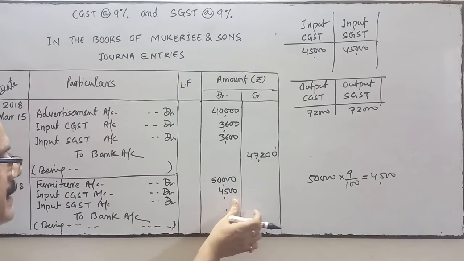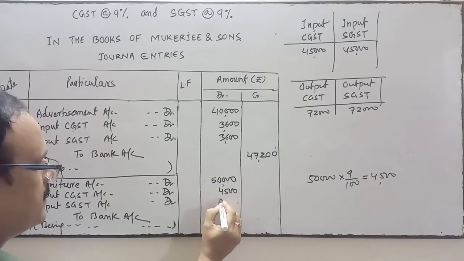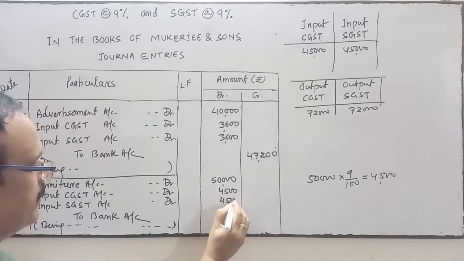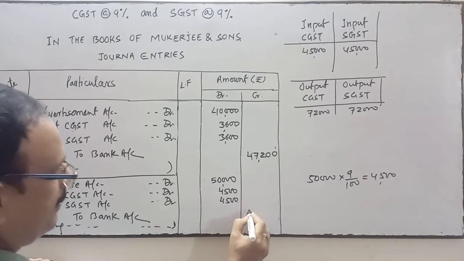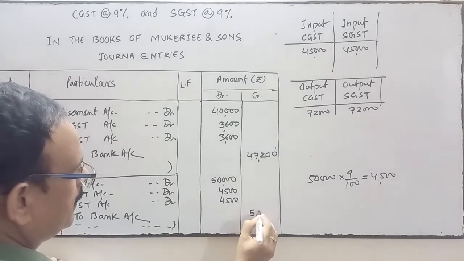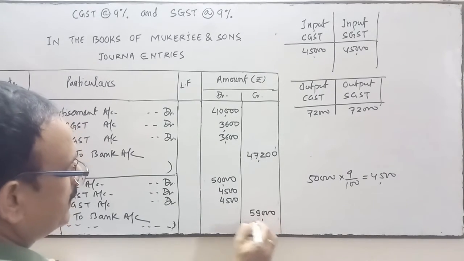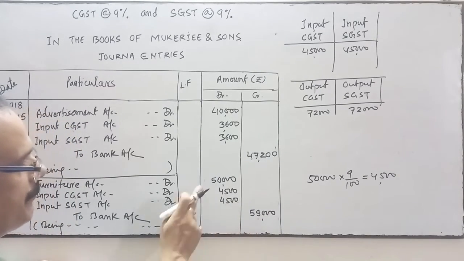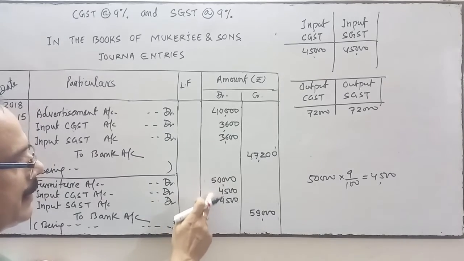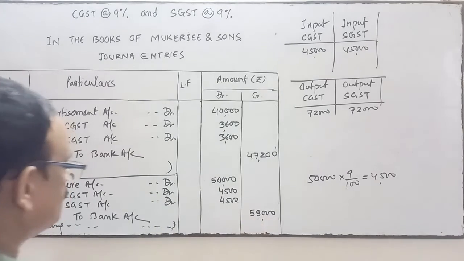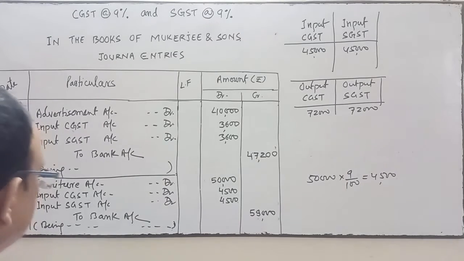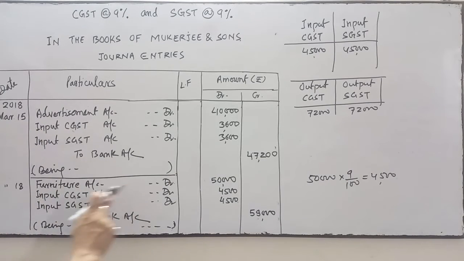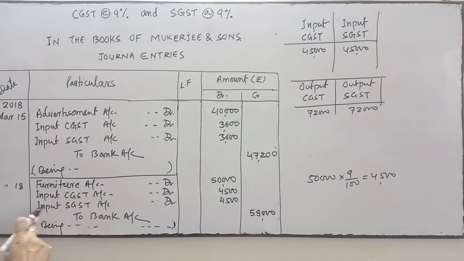So these two are debited. And the total amount you have to pay is 59,000, which is 50,000 plus 9,000. You have to pay 59,000 by check. So furniture account debit, input CGST, input SGST to bank account.